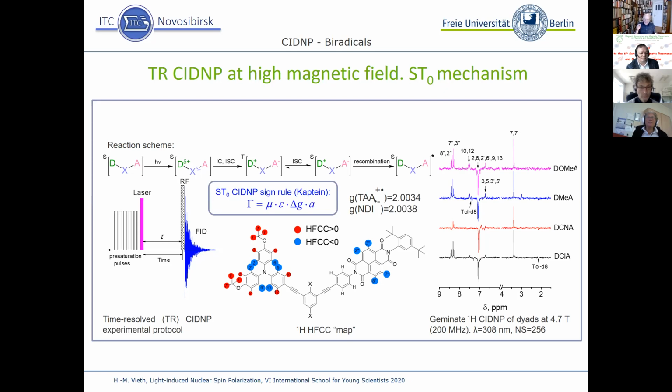So the initial excited state can be a singlet, and from that state you create your radical pair, and in the radical pair part of the system evolves into a triplet state. Or you start with a triplet state and it goes back via all the processes which I discussed into the singlet starting state.